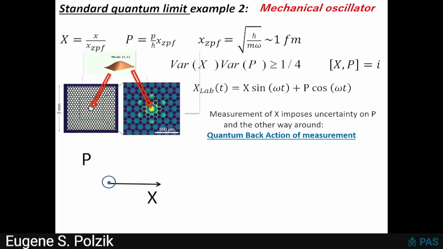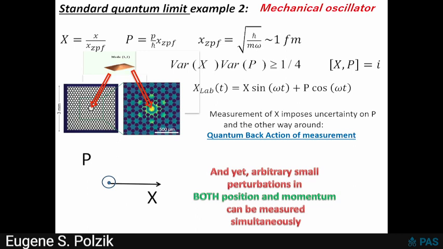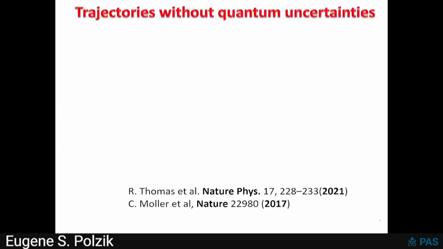So in the cartoon way, in this time frame, you measure X, which is X times sine omega t, and you impose the back action on P. A quarter period later, you measure P, and you keep going. And the more you measure, the more quantum back action you impose. And yet, as I hope to convince you, it is possible actually to measure both X and P, if you choose the right reference frame.